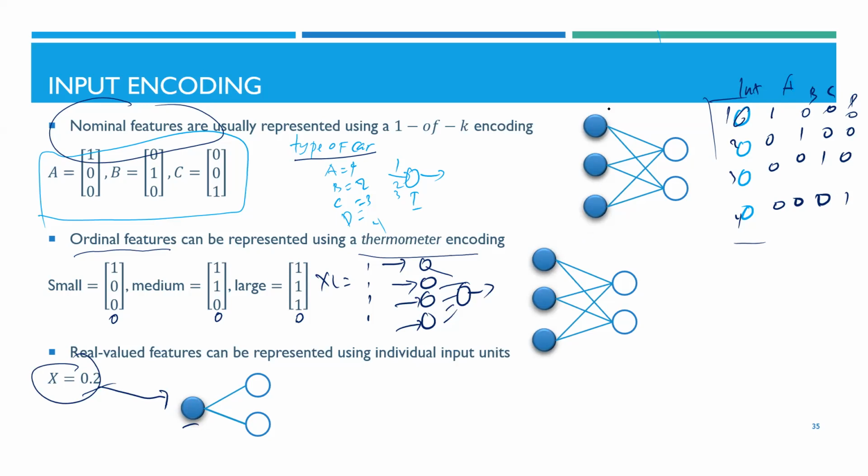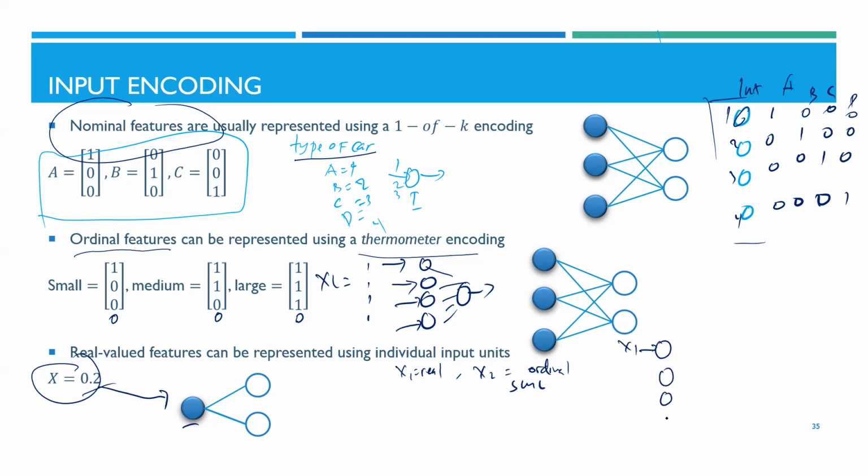Okay, so for example, we have x1 which is a real value, and x2 which is an ordinal value: small, medium, large. So our input layer will be like this. This is for x1, the real value.